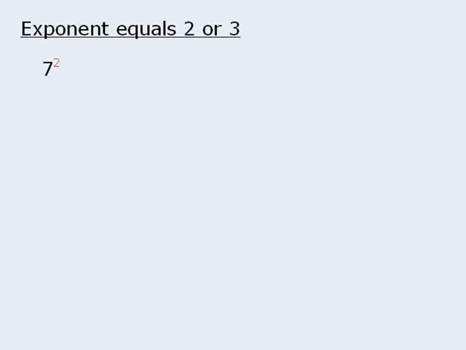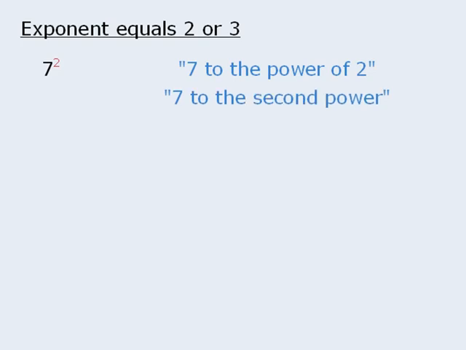Now, please note that expressions where the exponents are 2 or 3 can be read a little differently. For example, we can read this expression as 7 to the power of 2, or 7 to the 2nd power, or 7 squared. So if the exponent is 2, we can say that the base is squared. In this example, 7 squared is equal to 49.